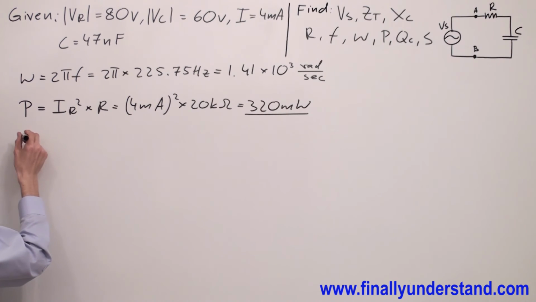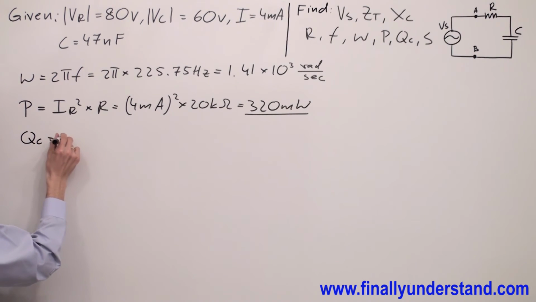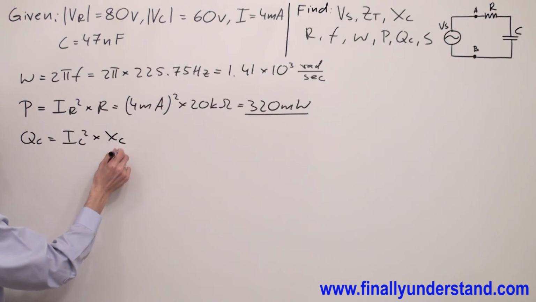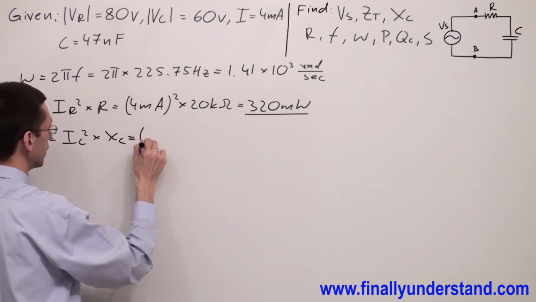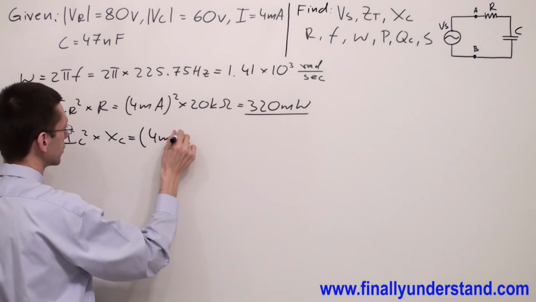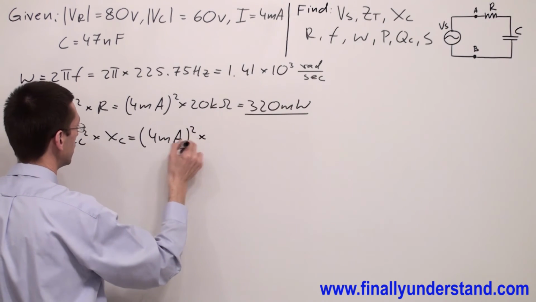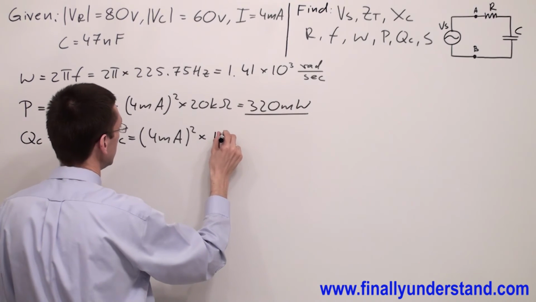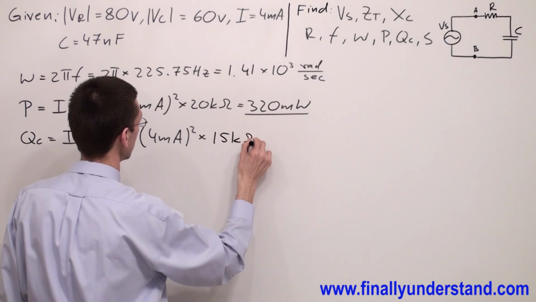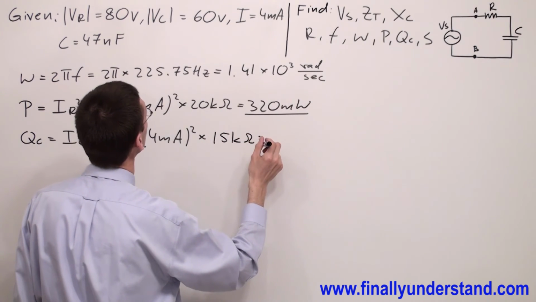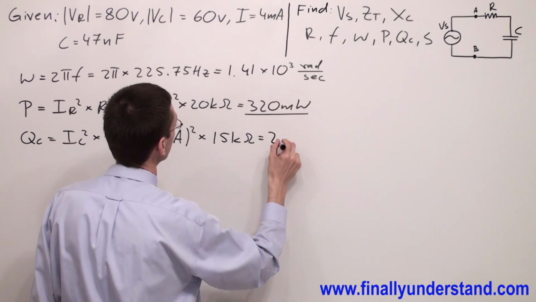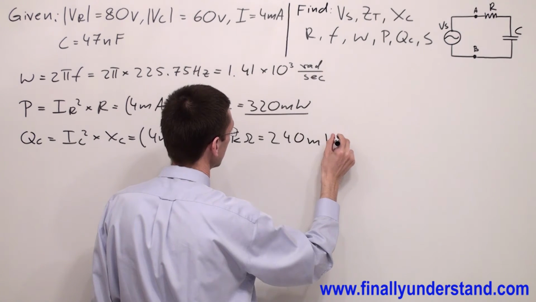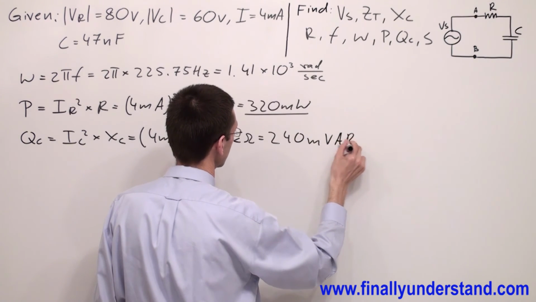Next, I'm supposed to find the reactive power. QC is equal to IC squared times X of C. This is equal to 4 milliamps raised to the second power times X of C, which is equal to 15 kiloohms. This is equal to 240 millivolt ampere reactive.